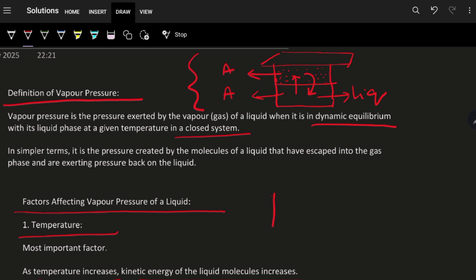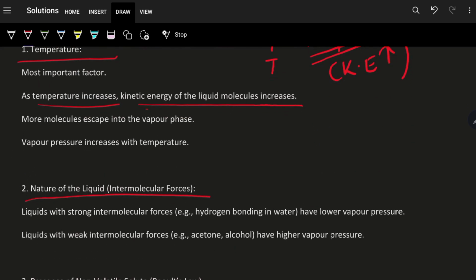If I increase the temperature of the liquid, the vapors obtained will be more on account of the greater kinetic energy of the liquid particles. More and more vapors will be obtained and I will say the vapor pressure increases. So vapor pressure increases with temperature.